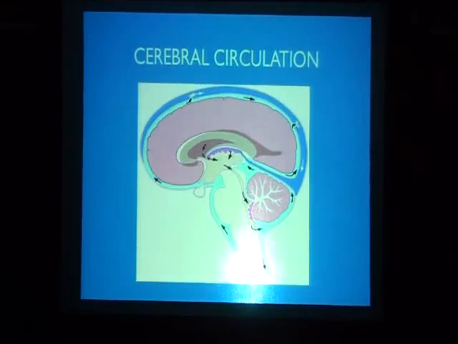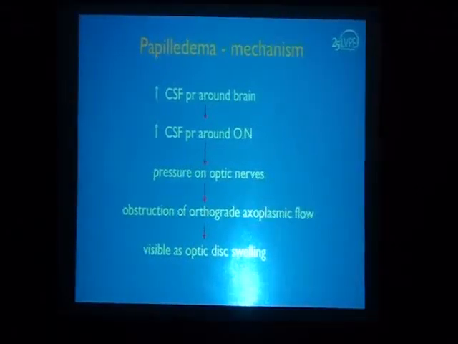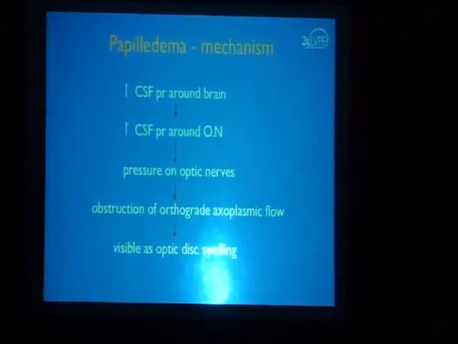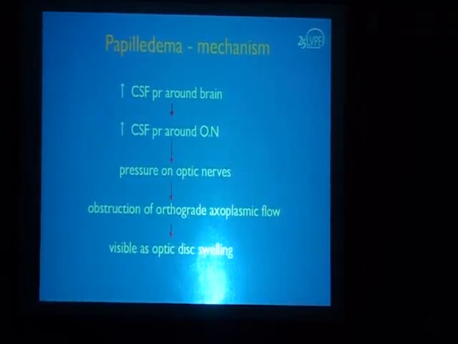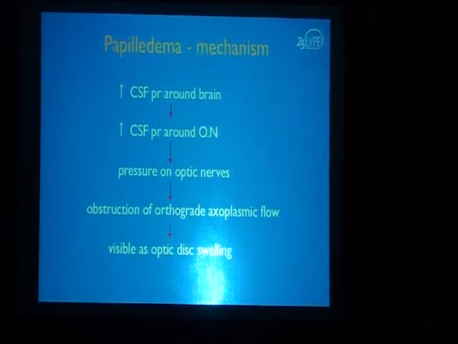As you know, the cerebral circulation goes from the lateral ventricles through the foramen of Monro to the 3rd and then the 4th ventricle. If there is an obstruction anywhere in the route, it can lead to papillary edema. The CSF pressure around the optic nerve increases, and there is orthograde axoplasmic flow stasis, and this leads to disc edema.